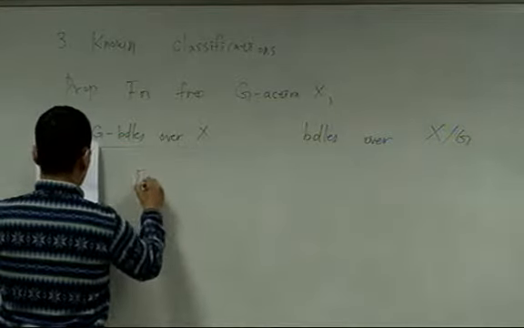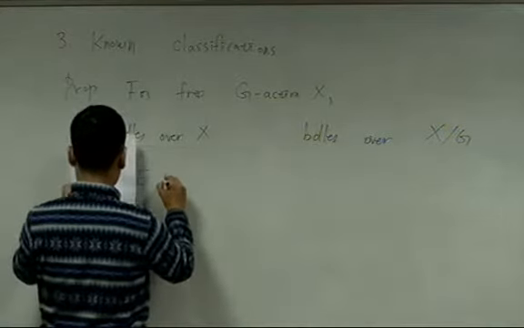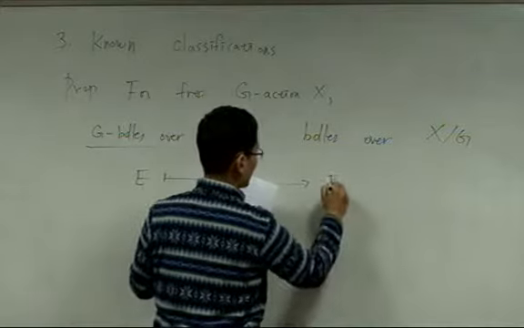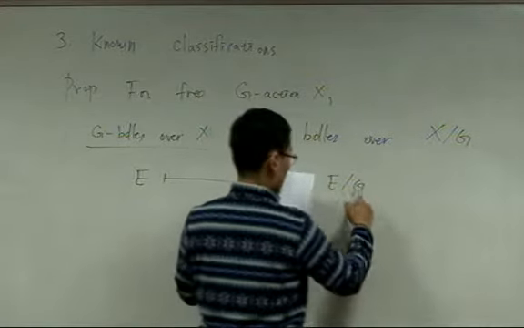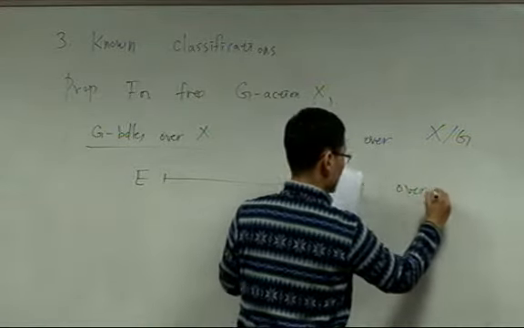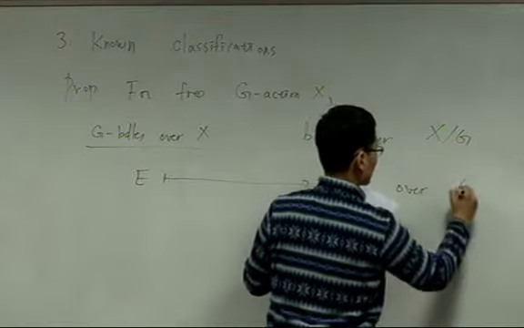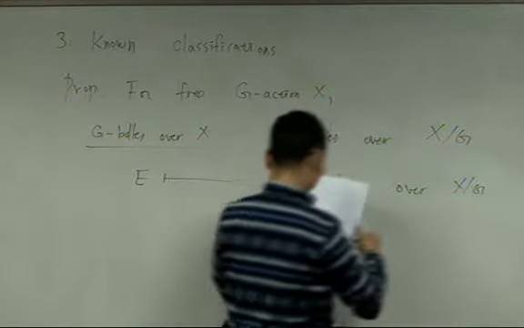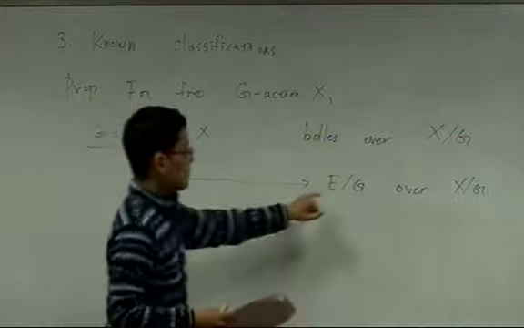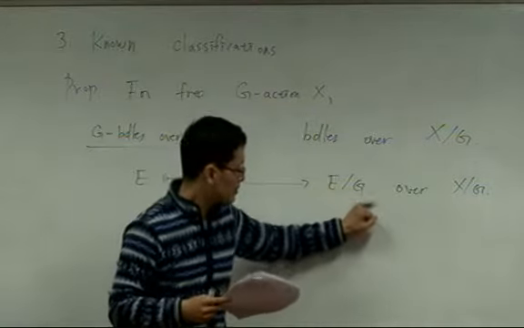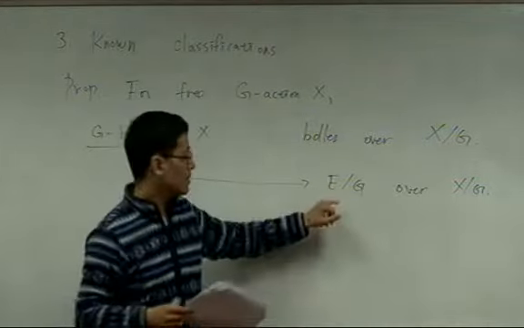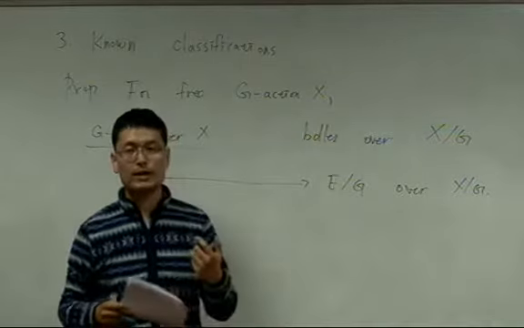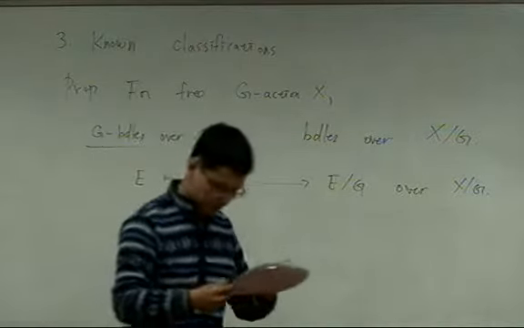Here, an equivariant vector bundle E is sent to E quotient G. This bundle is over the orbit space X quotient G. Since this is a usual bundle, it is classified by Chern classes.